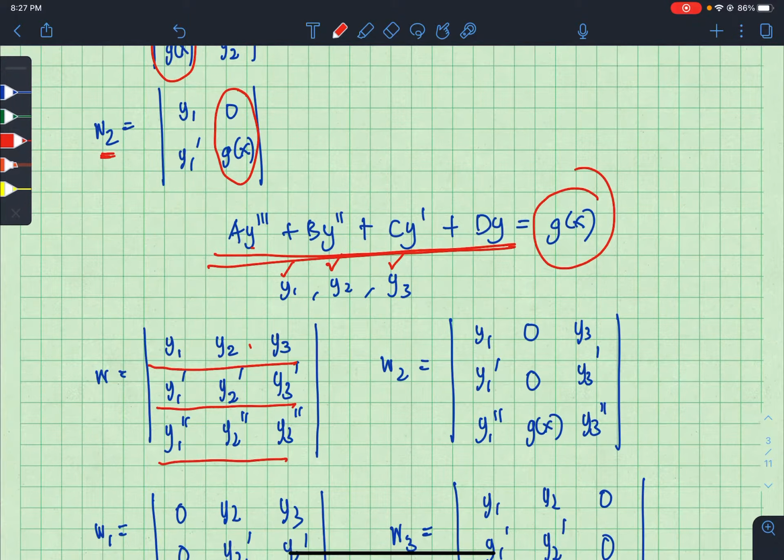So du would be dt over t. And then our v would be negative t squared all over 2.